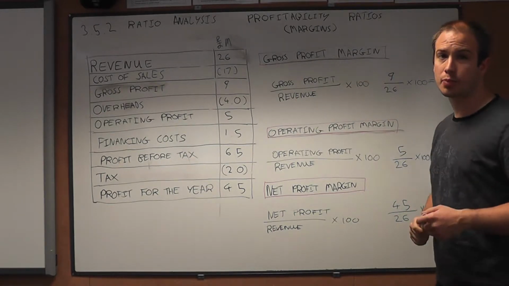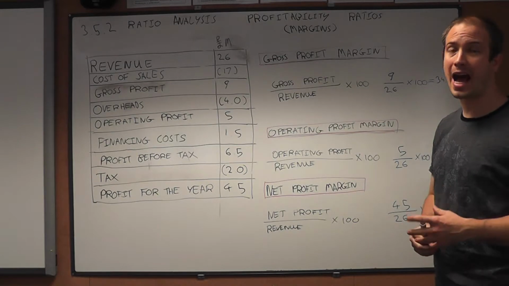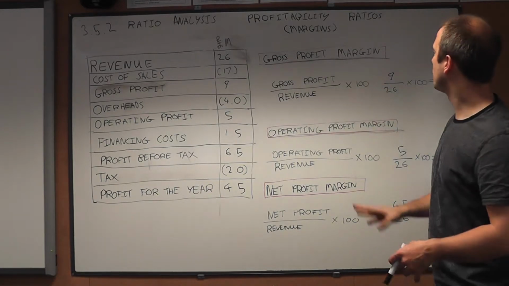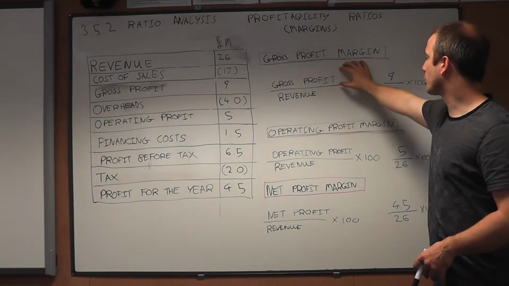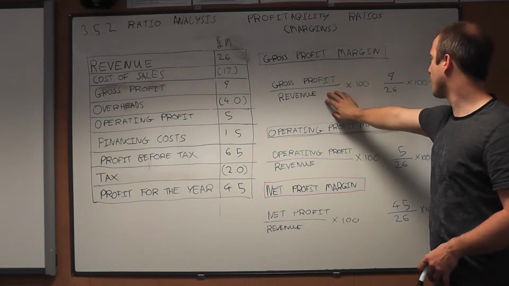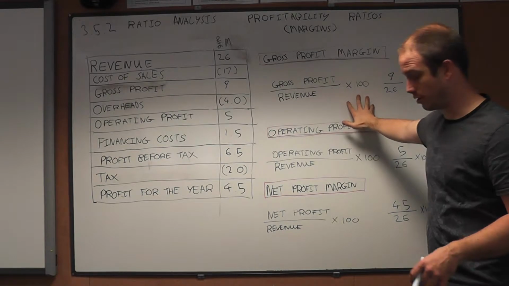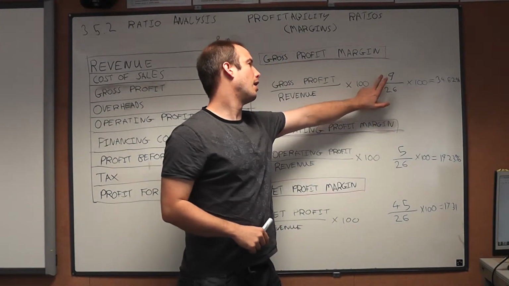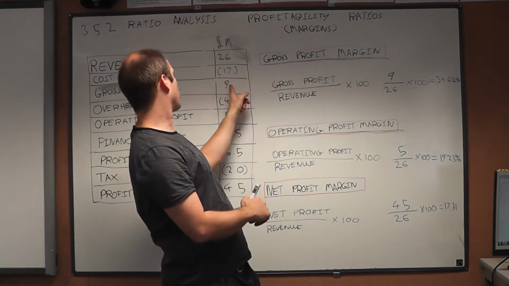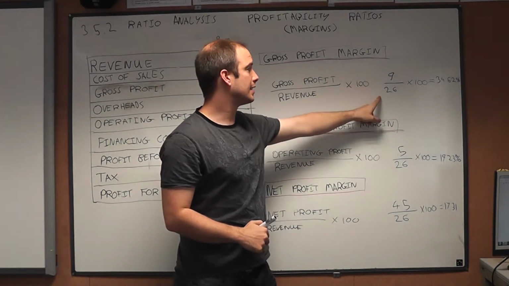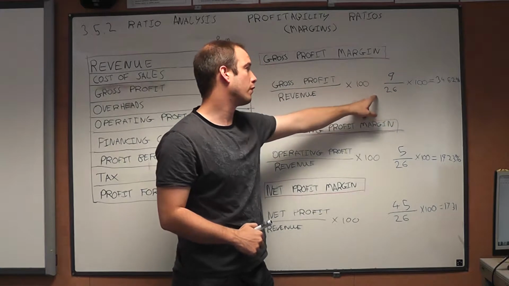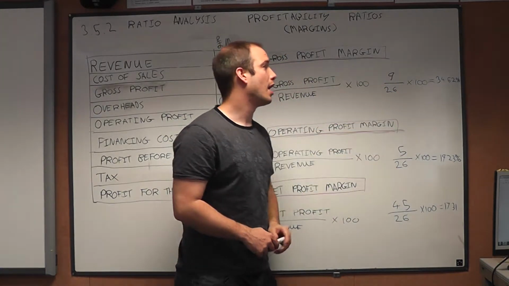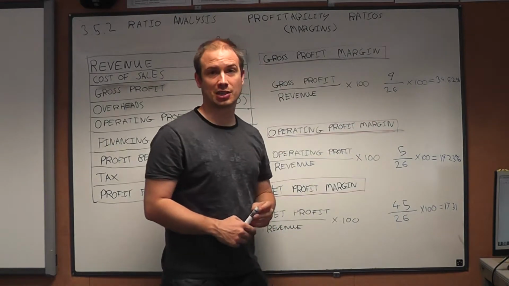Now the gross profit margin shows gross profit as a percentage of revenue. So in order to calculate that, we put our gross profit over our revenue and then multiply it by 100, which I've done over here. So if we take our gross profit of 9 million and divide it by our revenue of 26 million, then multiply it by 100, we get 34.62%.